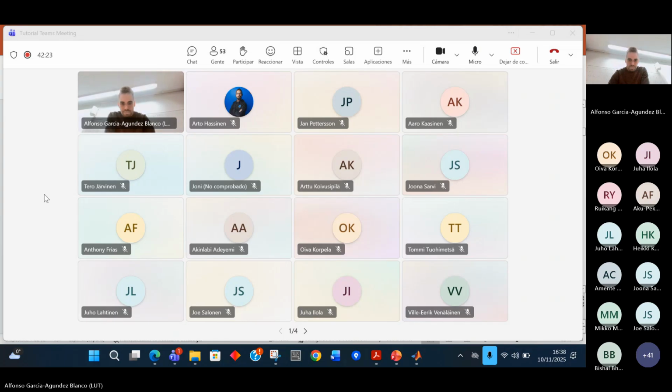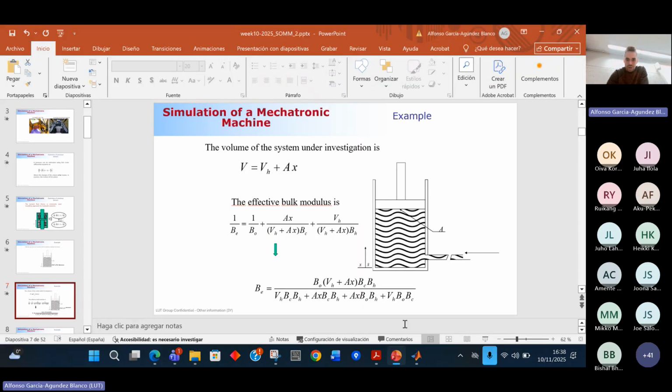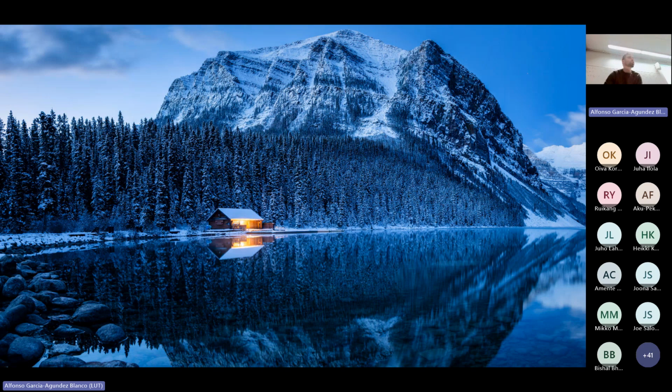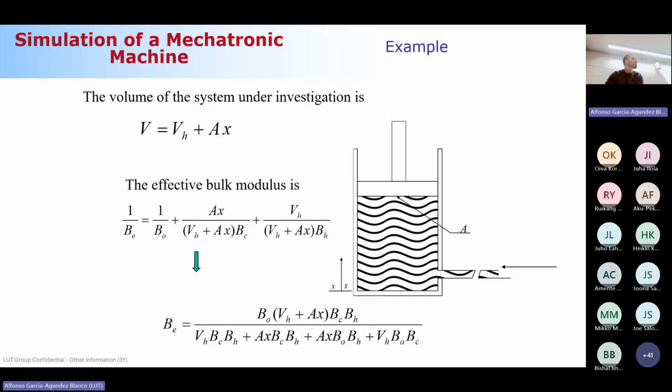Clear? Perfect. So let's move now to the other computation that we need to calculate, which is the effective bulk modulus, okay? And do you remember how to compute this effective bulk modulus? Sorry, the difference between what?